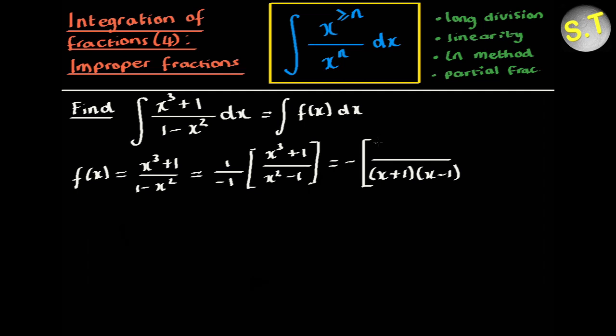So let's try that. So what do we need to times x plus 1 by to get to x cubed plus 1? Well, to start off with, we have an x cubed term, so we must need to multiply an x by an x squared term. So x squared. However, that is going to leave us with a plus x squared term.